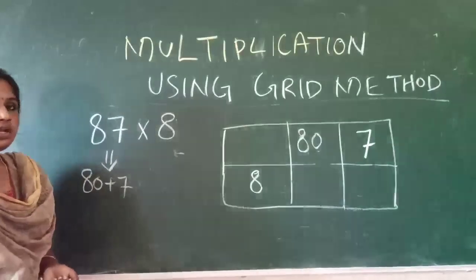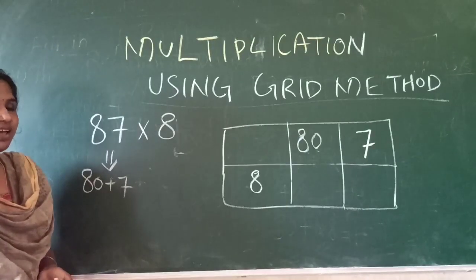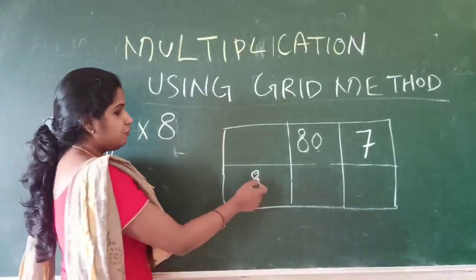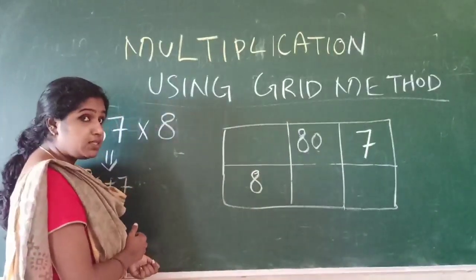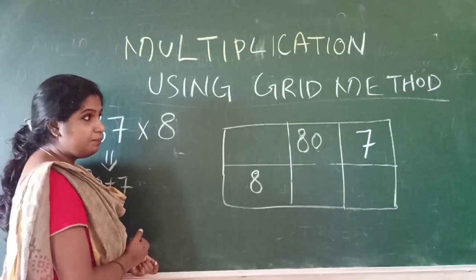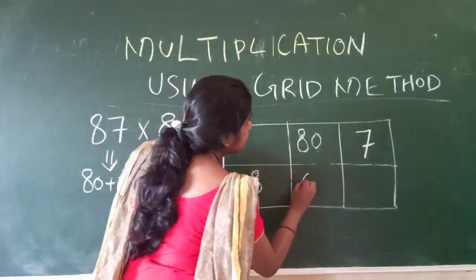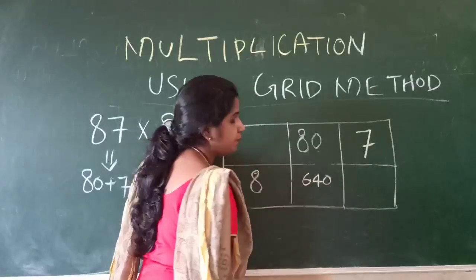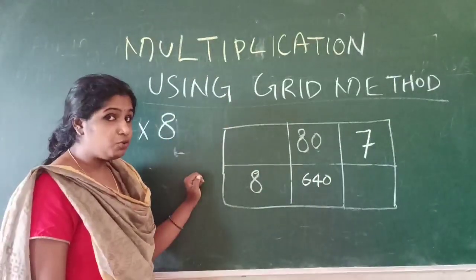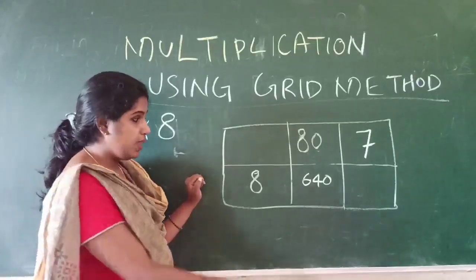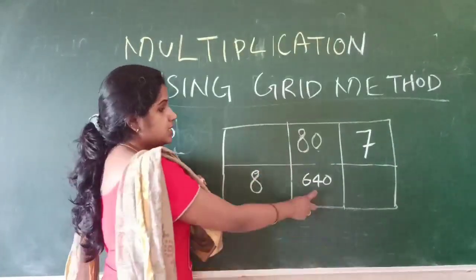Now we will multiply first this 8 into this 80. What is 8 into 80? Yes, it is 640. You have to do it in your notebook. 8 into 80 is 640.